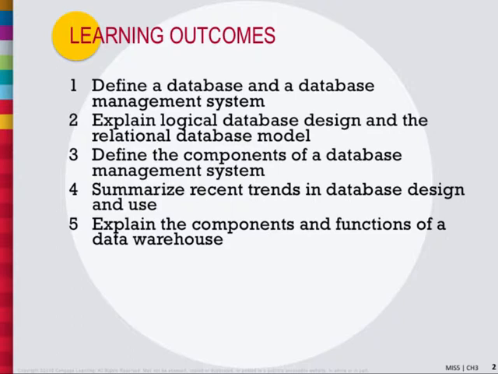And also there are a lot of terms within there that you need to make a part of your long-term memory. We want to explain how these things are designed. We want to know what is meaningful about a relational database model. We want to know the components of a data management system. We want to look at some recent trends in database design and use, maybe summarize them, and explain components of a data warehouse.